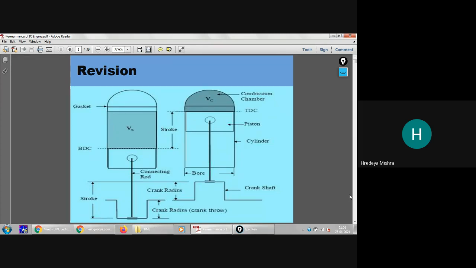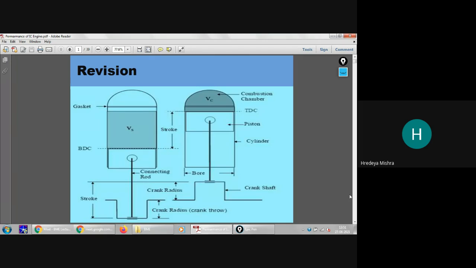So how can we measure the mechanical efficiency? If 100% energy is generated, then some energy is lost due to the friction between the sliding parts in the engine.